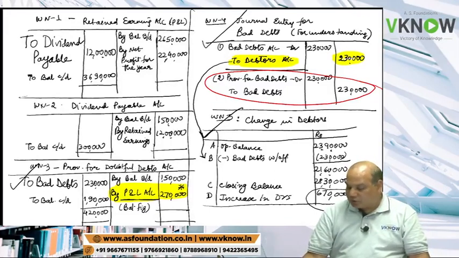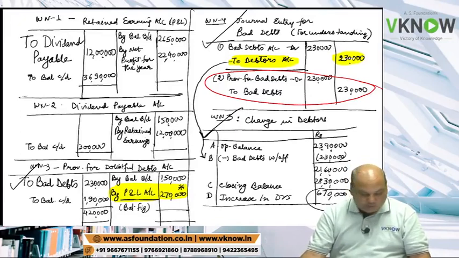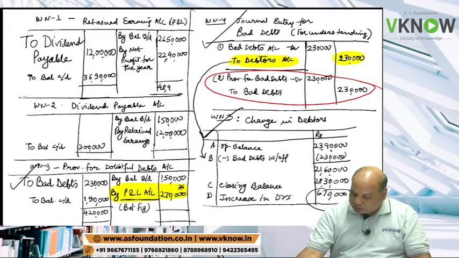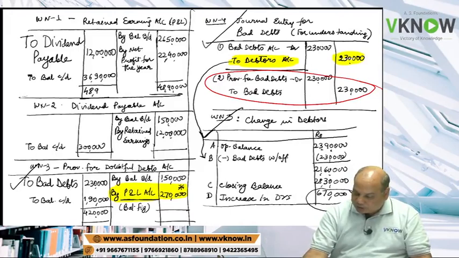Now let us check whether the retained earning account is tallying. The total is 48 lakh 90,000 on both sides, so this account is already tallying.